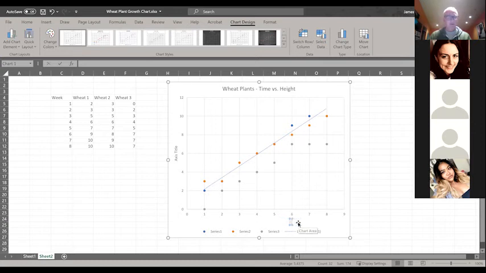We're going to make that time in weeks. I can change this to height in centimeters. Now I want to see what that relationship is, so I'm just going to click on that again.